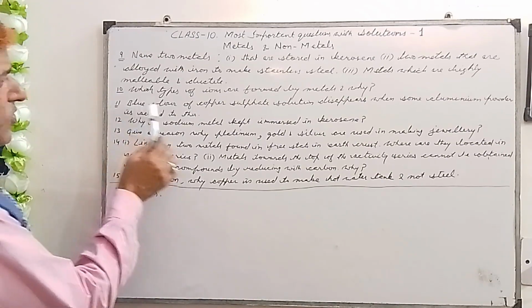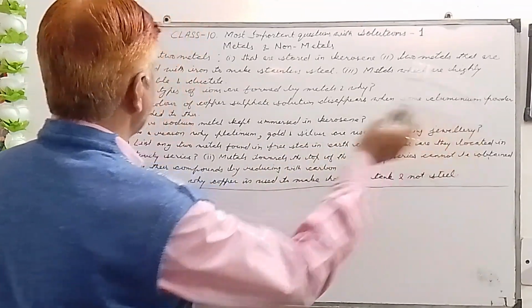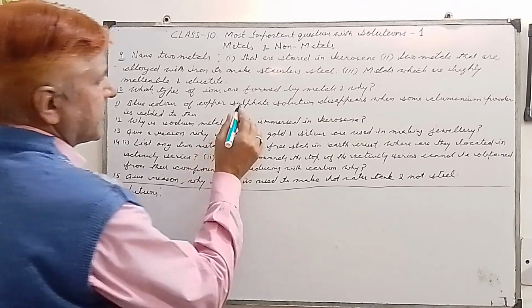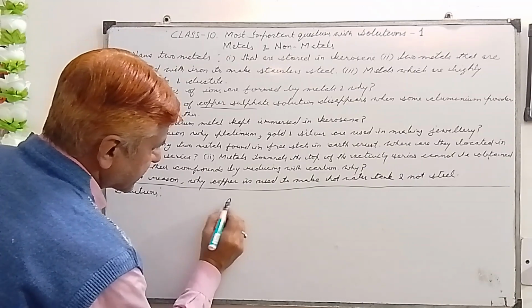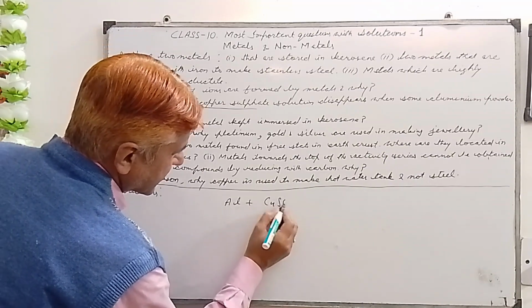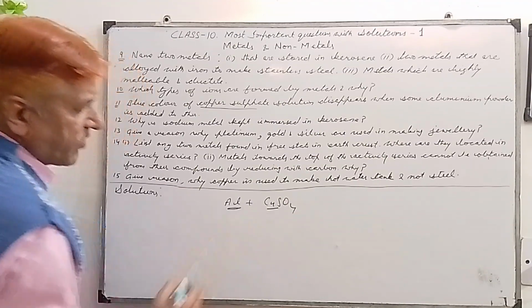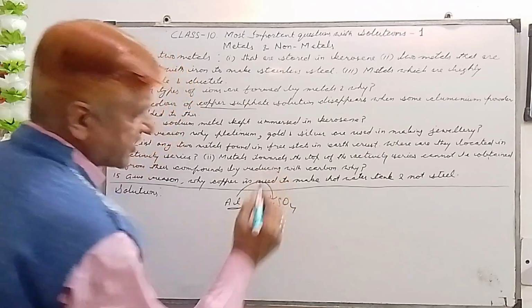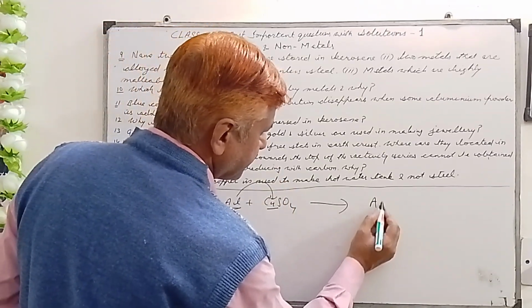Question number 11. The blue color of copper sulfate solution disappears when some aluminium powder is added to it. Actually this is a reaction between copper sulfate and aluminium. So my dear students, copper is less reactive than aluminium, or we can say aluminium is more reactive than copper. So it will displace copper, and what is formed is aluminium sulfate.